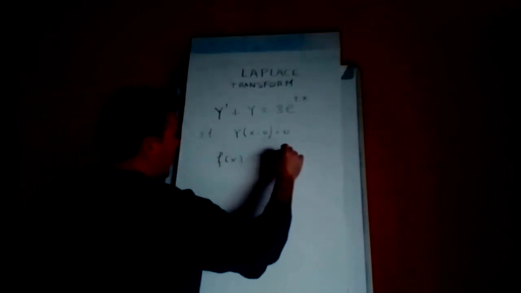To do that by means of Laplace transforms, we have to keep in mind some immediate transforms. If this is our function f of x and this is the Laplace transform of our function, this one is a direct transformation.